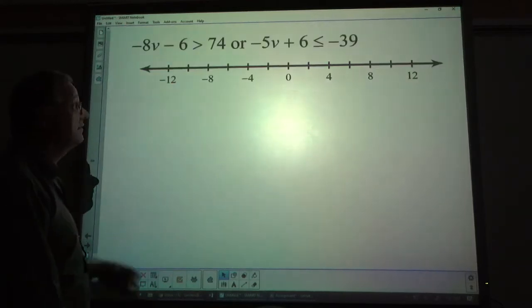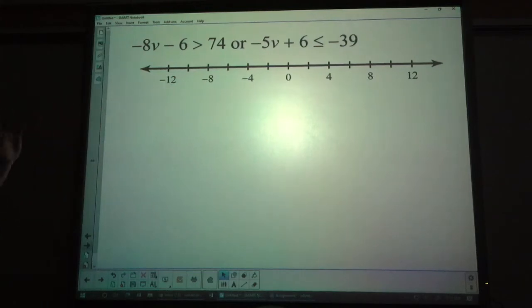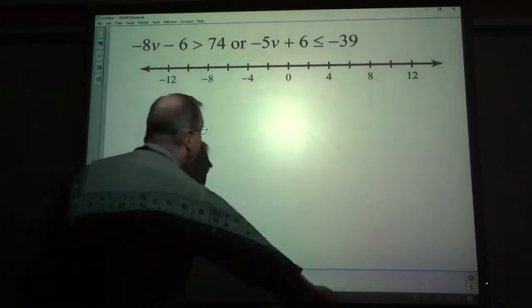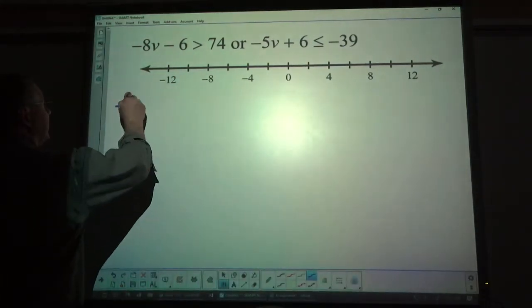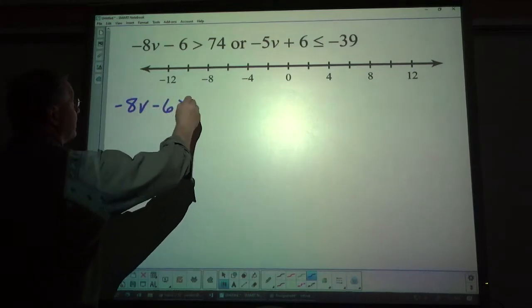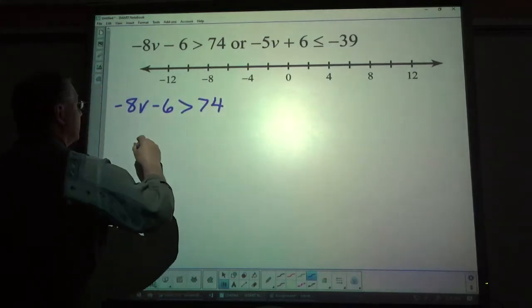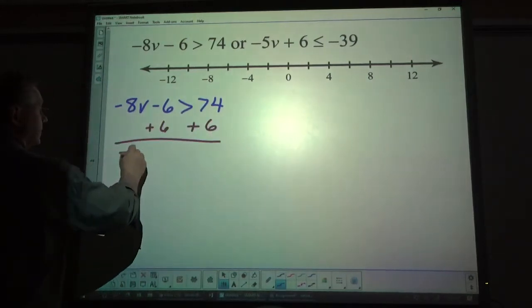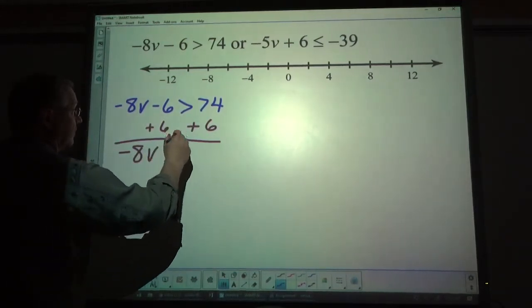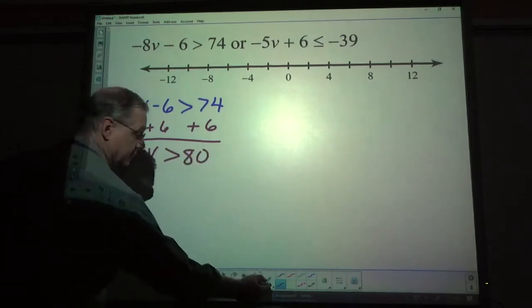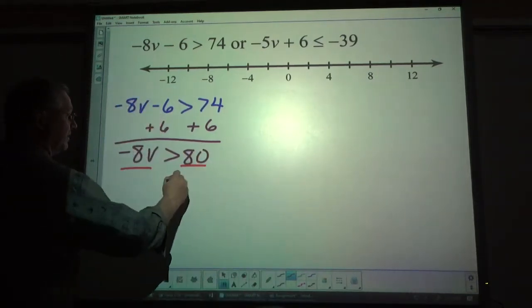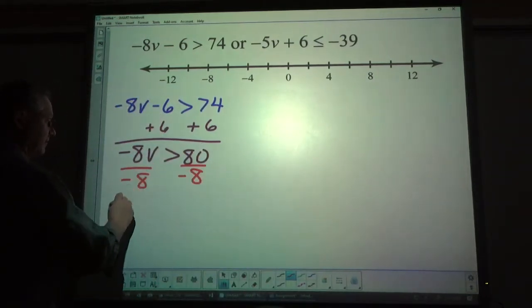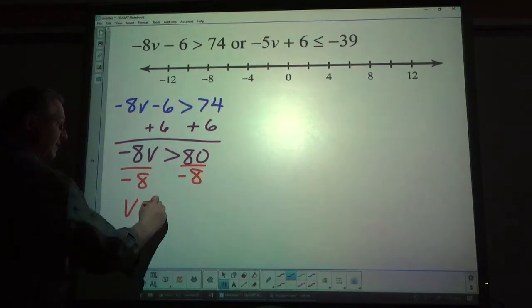Here's our next one. Give this one a try on your own and try to graph it. All right, here we go. -8v minus 6 greater than 74. I'm going to add 6. Divide by -8. V is less than -10.